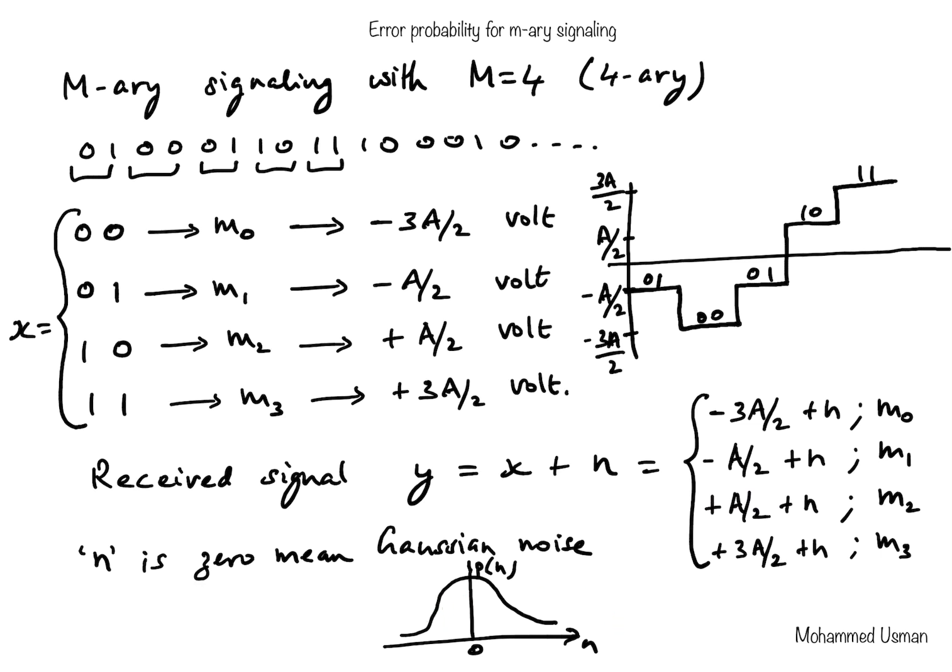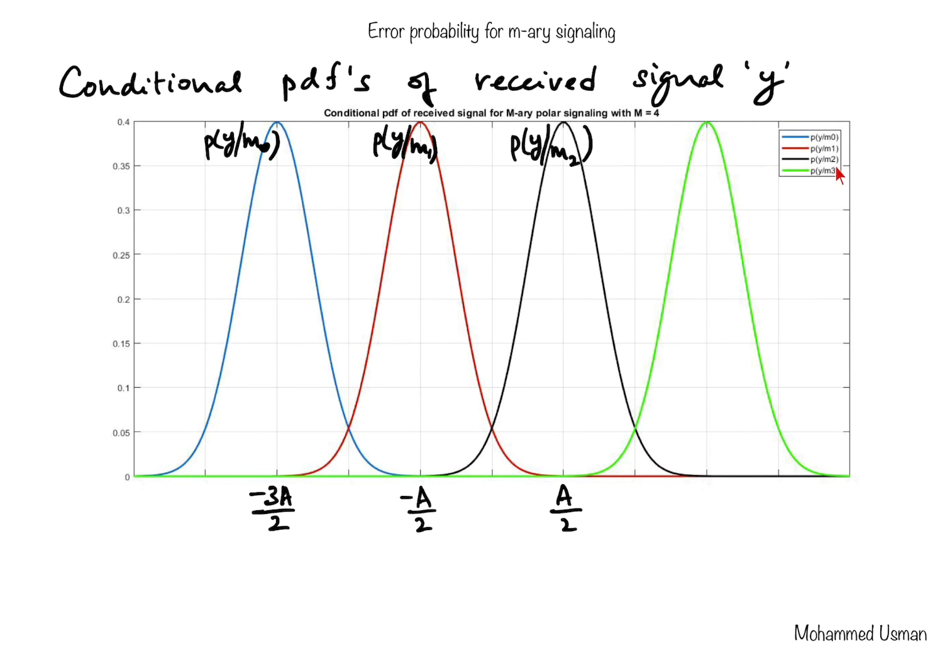So this will be shifted to and be centered on plus A by 2. And then when M3 is transmitted, the received PDF will be centered on plus 3A by 2. So this green PDF is the conditional PDF of the received signal Y on the condition that M3 is transmitted.